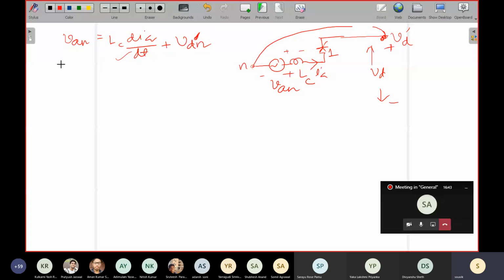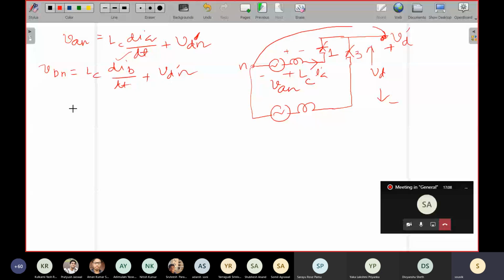VBN similarly, that is also conducting. Another phase that is conducting is this phase, and TH3 is on. This thyristor 3 is on, right? So I will write VBN is equal to LC dIB by dt plus VD dash N, right?